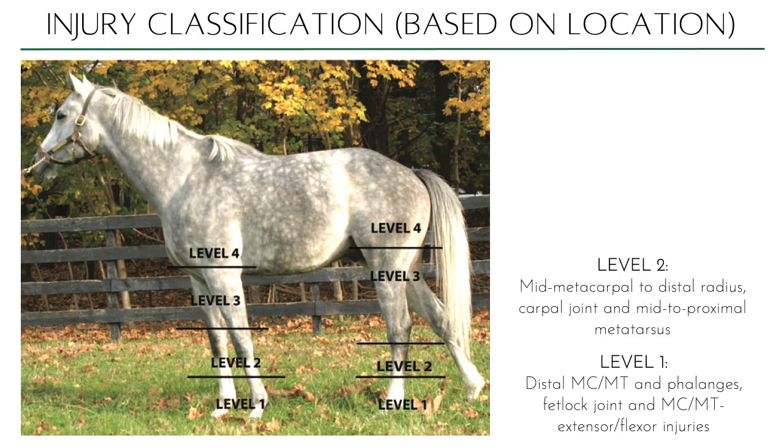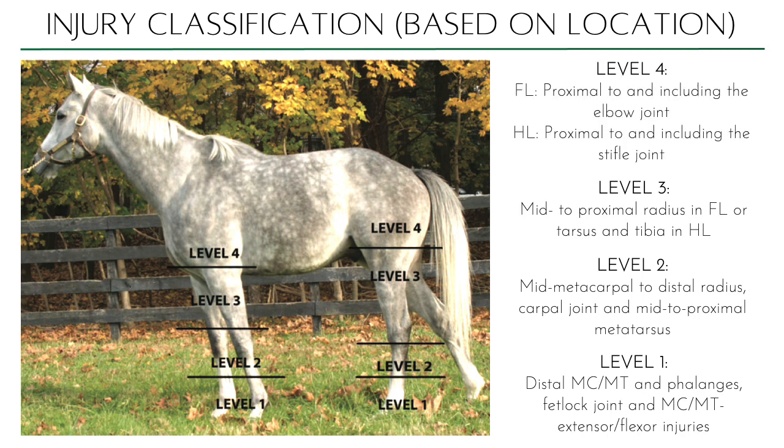Level 2 would be mid-metacarpal to distal radius, carpal joint, which is the big knob there, and the mid to proximal metatarsus. Going up to level 3, that would be mid to proximal radius in the forelimb, or the tarsus and tibia in the hind limb.